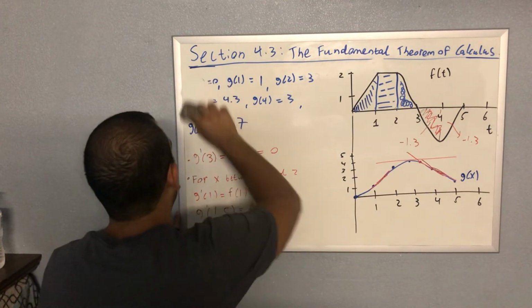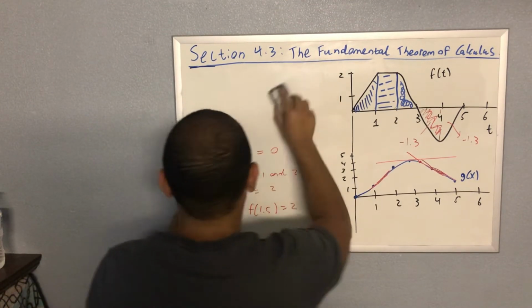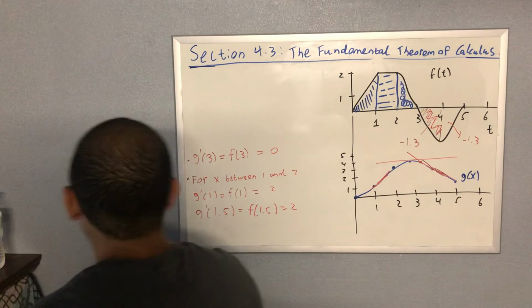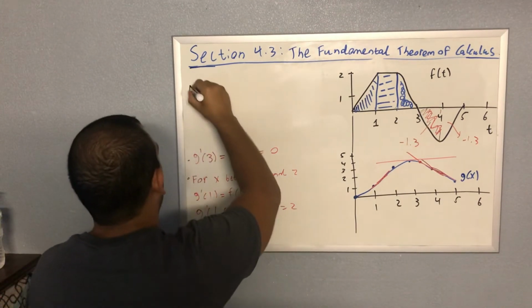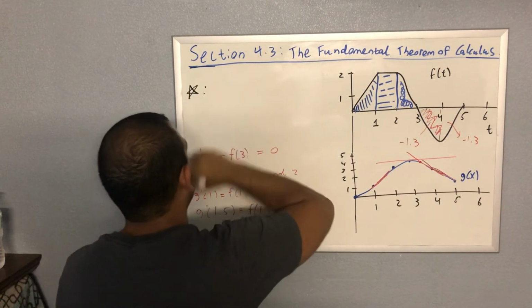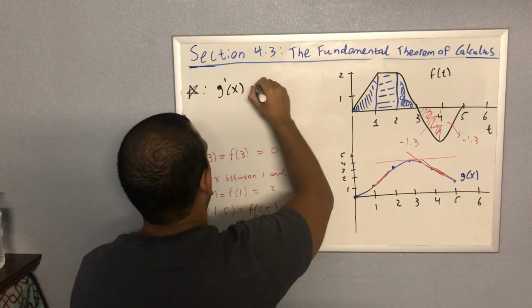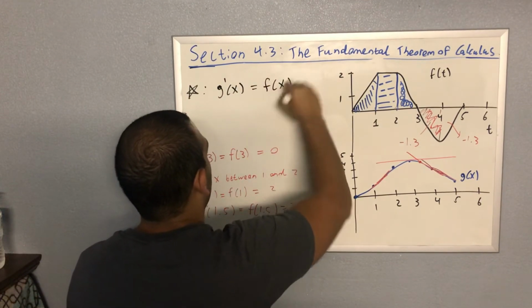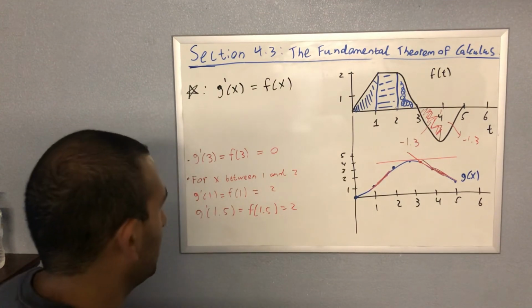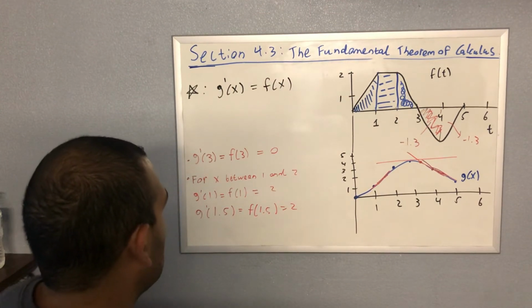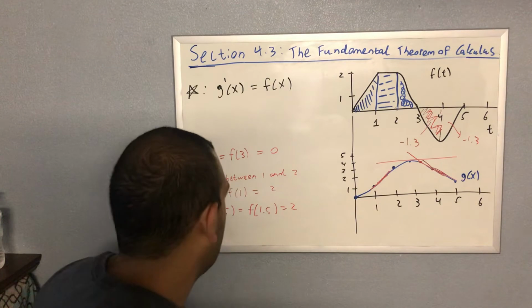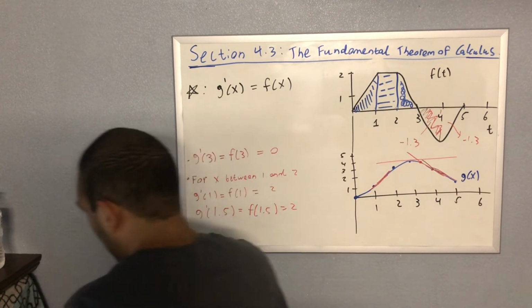Meaning, if we summarize this, very important, what we're saying is that g prime of x is equal to f of x. So the derivative of g is f. And then what was g?